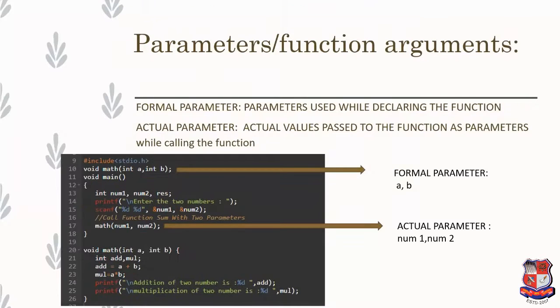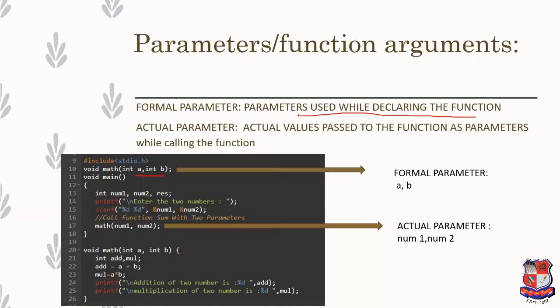Now let us see parameters or function arguments. So as we have seen parameters in the bracket, there are two kinds of parameters. One is formal parameters, second one is actual parameters. When you are declaring a function, the parameters which you are using, like in previous example, we have taken integer a and integer b, that is my formal parameter. Those are used while declaring the function.